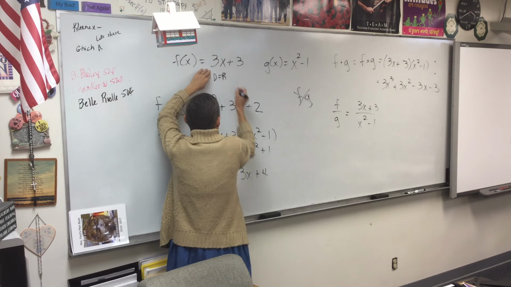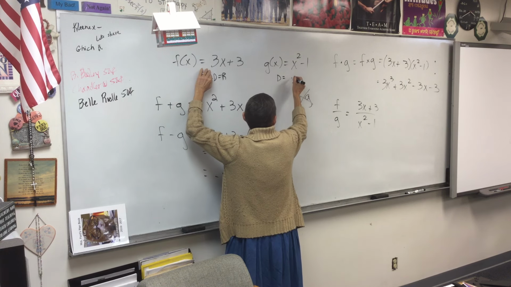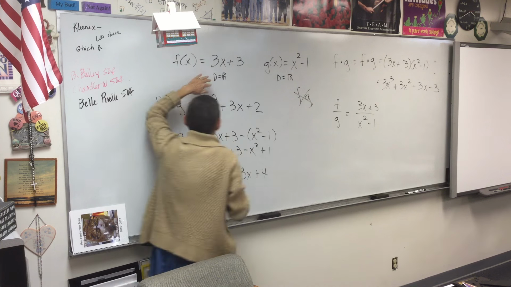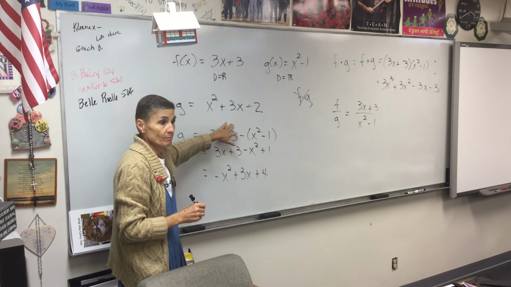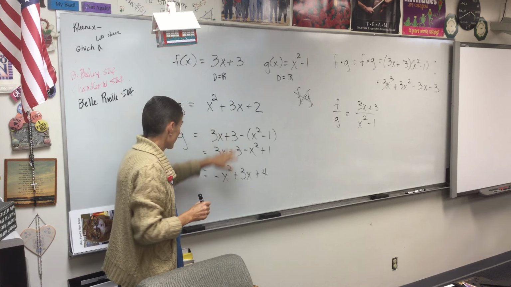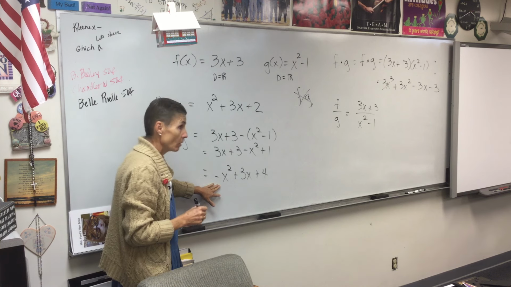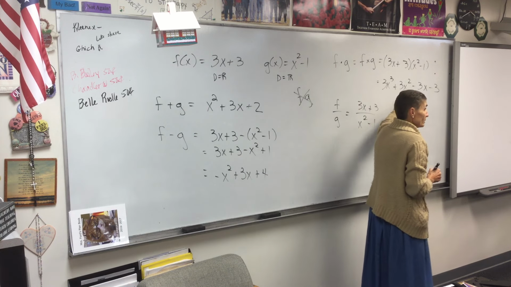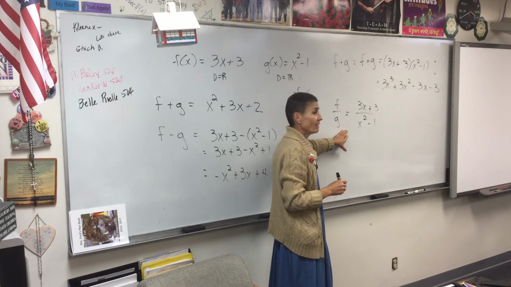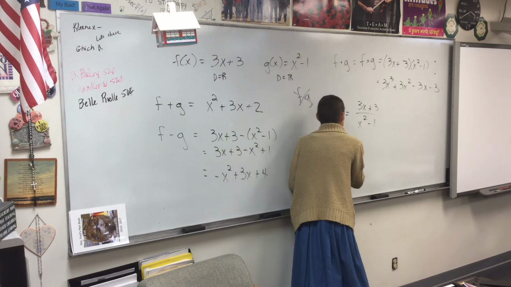All real. What's the domain of this quadratic function? All real. When I added them together, what was my domain? All reals. When I subtracted them, all reals. When I multiplied them, all reals. But now when I've divided them, my domain changes.